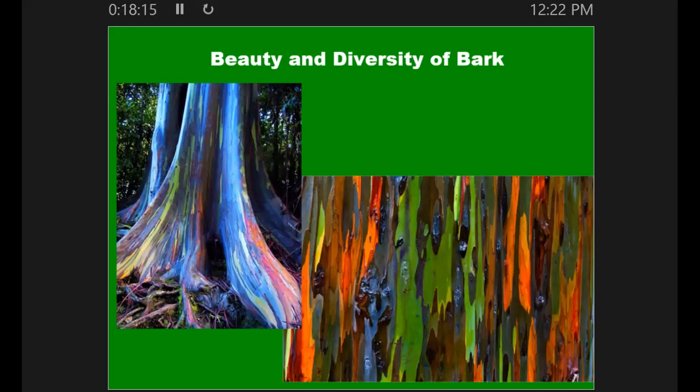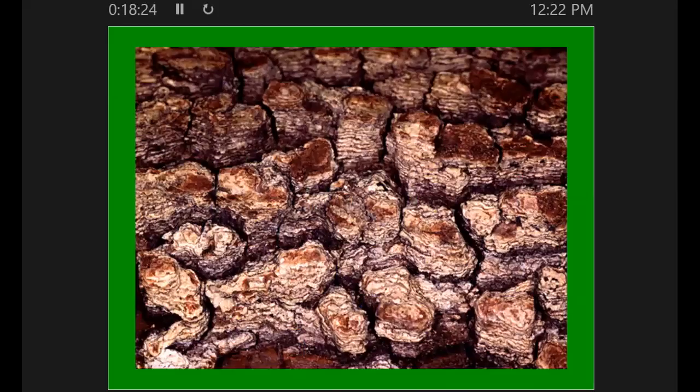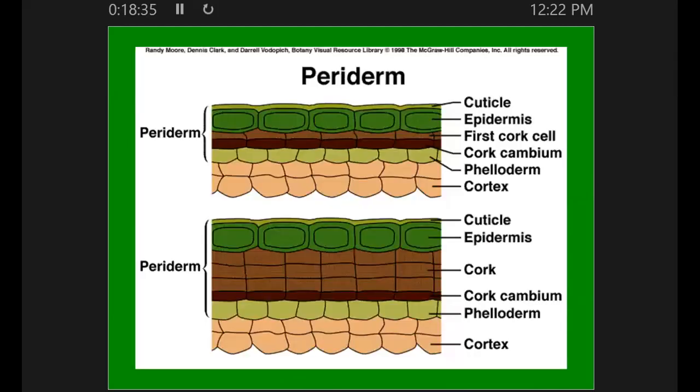If you've ever had the chance to see this in its native habitat, you're very lucky, because that's well south of here. But beautiful, beautiful diversity. And then you have more like this, where everything is pretty thickened up and more plain Jane, so to speak, but still very functional and does its job.